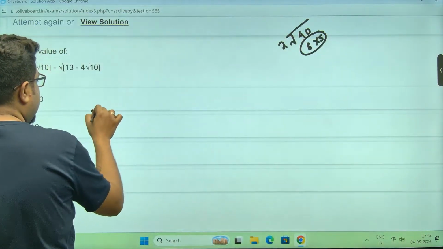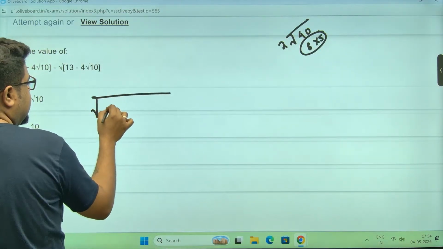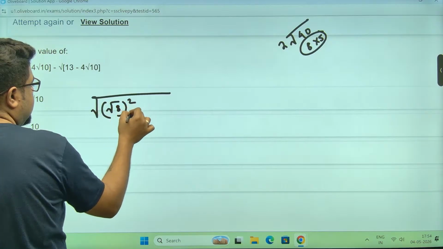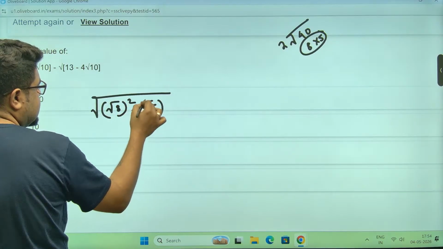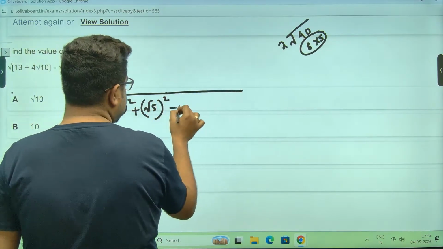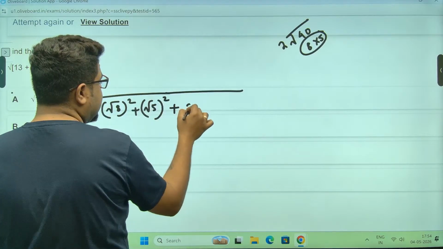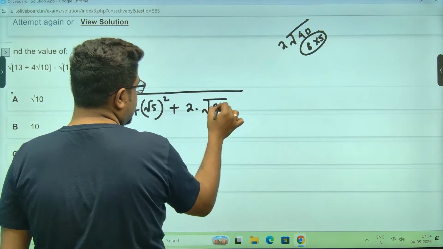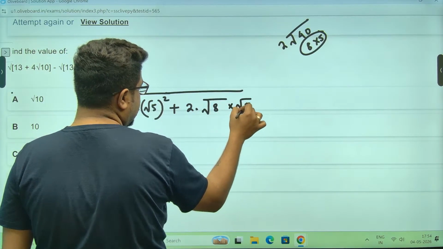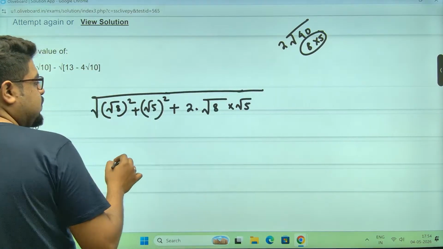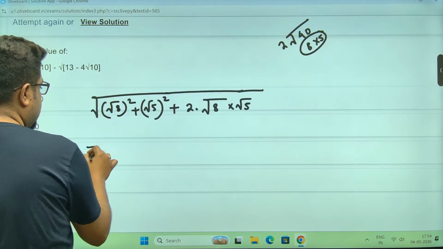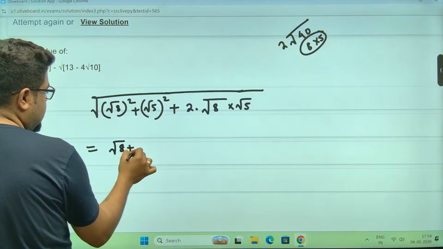So square root of 13, I'm writing root 8 square plus root 5 square. This is 13, plus this is 4 root 10, meaning 2 root 8 into root 5. So this is root 8 plus root 5 whole square.